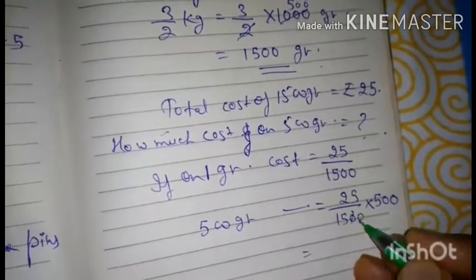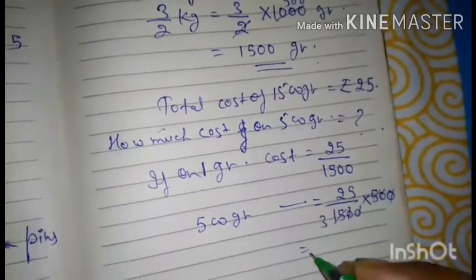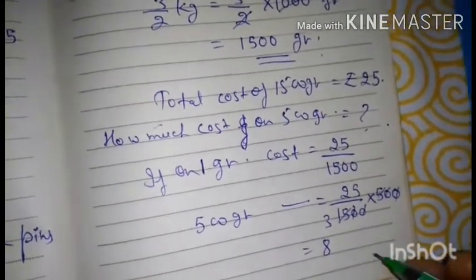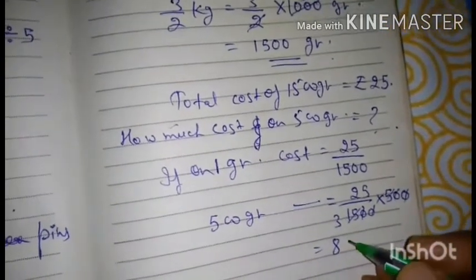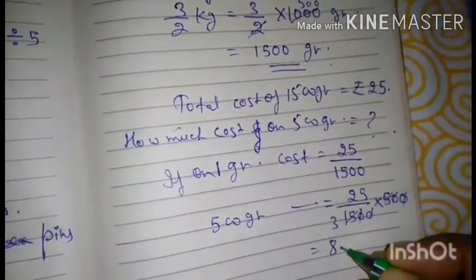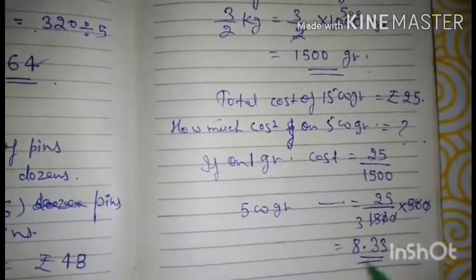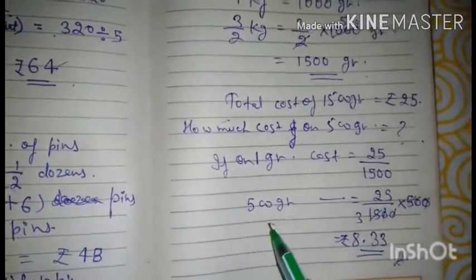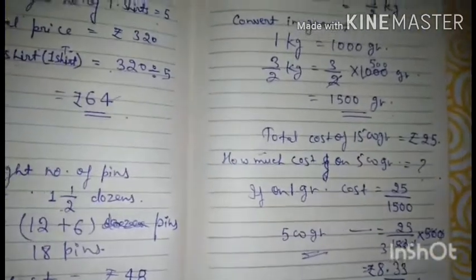So here cut it, and 5 3 ja 15, 25 by 3, 3 8 ja 24, 24, and left 1 remaining, 3 3 ja 9, 3 rupees. Okay, this is the cost for 500 gram sugar. Now move to the next question.